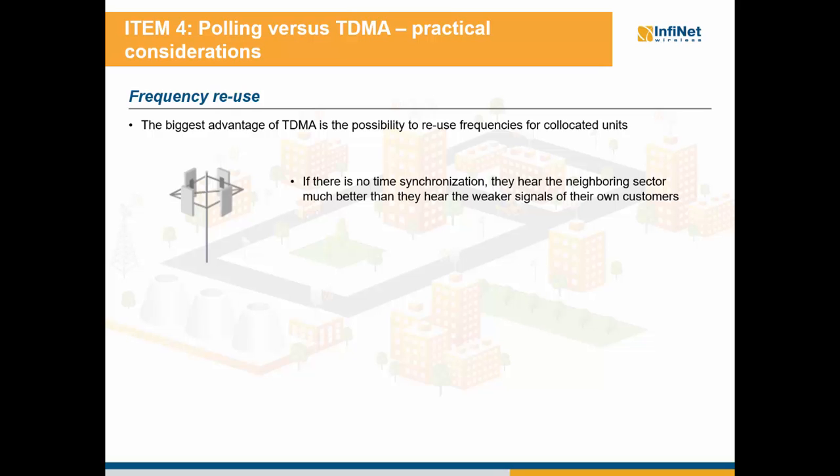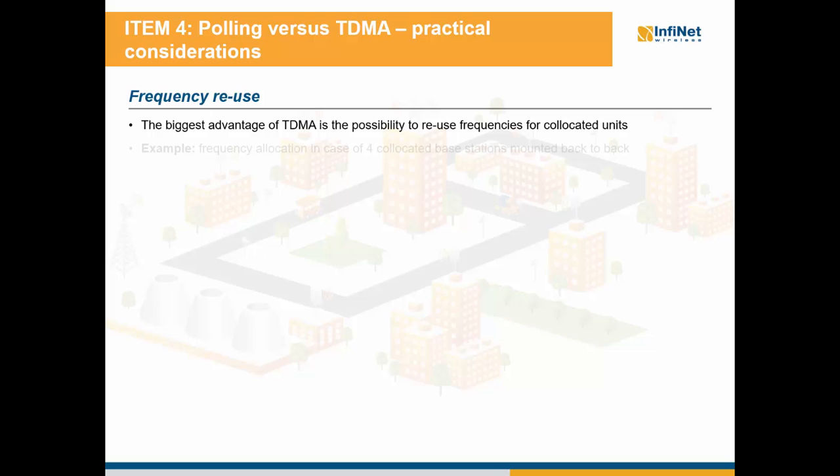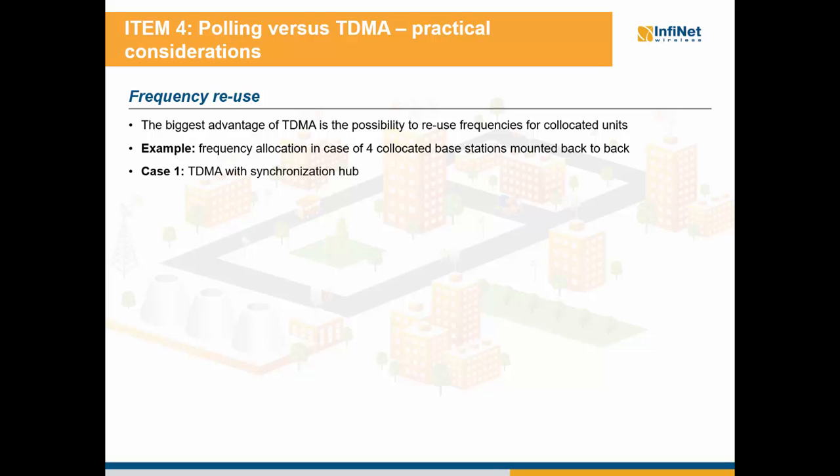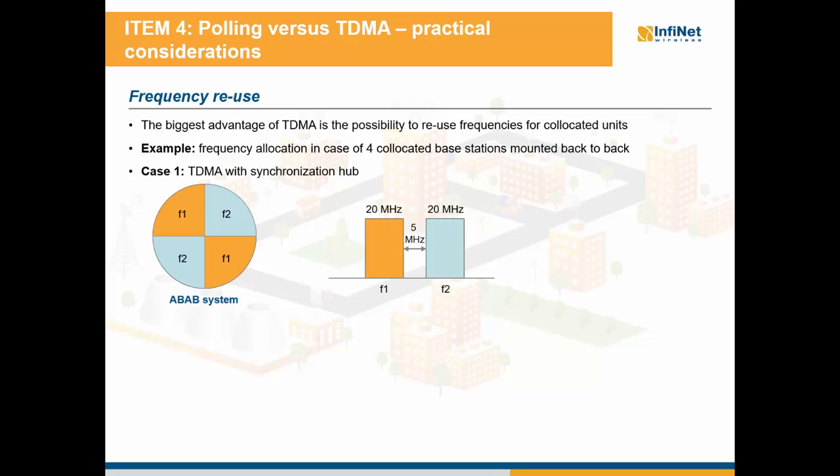Now we'll consider an example to see how frequency allocation is performed in the case of 4 collocated base stations mounted back-to-back. The first allocation method that we see is the reuse scheme above. This can be implemented for synchronized base stations using an external hub.